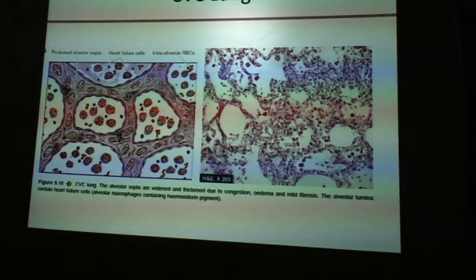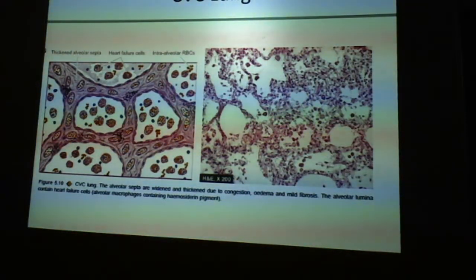These are the alveolar macrophages seen within the lumen and also a few in the septa. These are called heart failure cells. Heart failure cells can be asked as a 3 marks question also. So what are these heart failure cells? They are nothing but the alveolar macrophages which have engulfed the hemosiderin pigment.